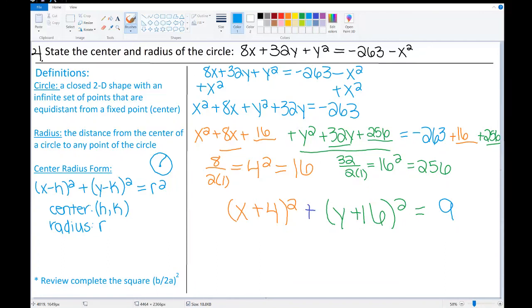So if you look over here at our center radius form, it looks a little bit different than what we have, as in these subtraction signs. So we can rewrite our equation to get it to look more like that and make it easier to identify the center. This means the same thing: when you're subtracting a negative number, you are basically adding it.